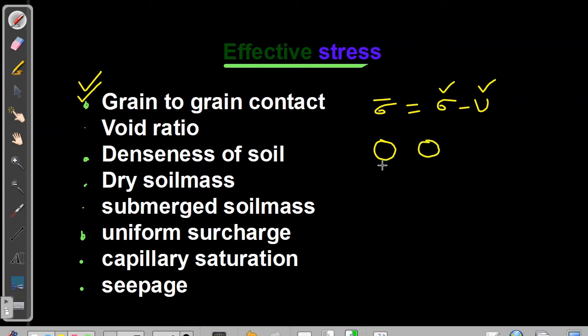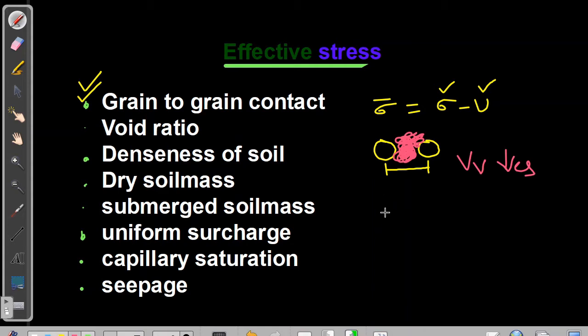Due to this effective stress, the distance between soil particles will reduce. It means the volume of voids between these soil particles will reduce.